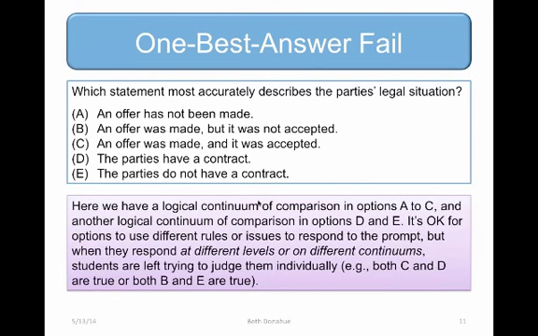When you have options that respond to the prompt at different levels or on different continuums, you're going to often run into situations where you have overlap. For instance, an examinee here could think both C and D were true or correct choices, and you're starting to get into almost a true-false type approach to this question.